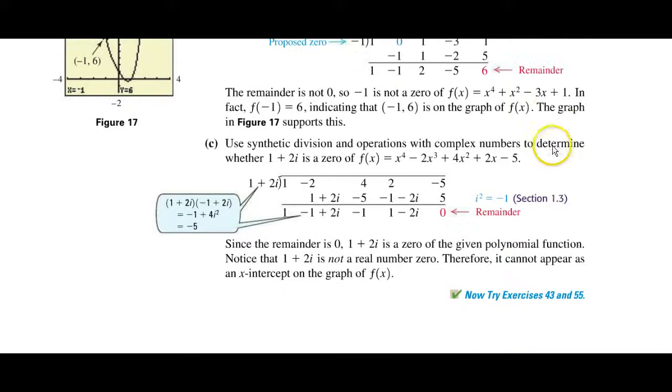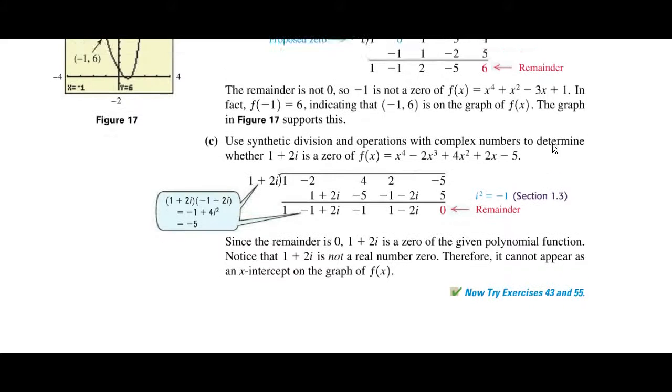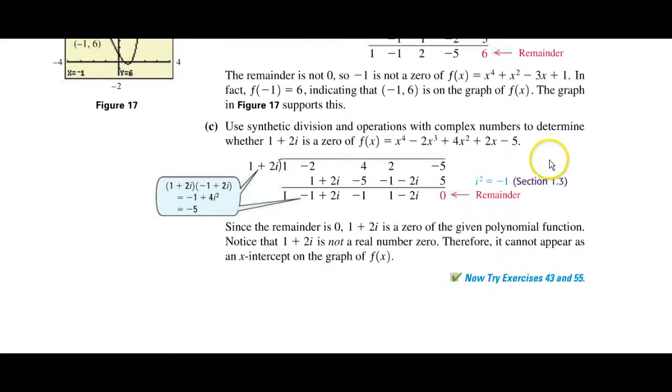Okay, now this third one is rather tricky. And in fact, I looked at the author's video of this to see how it was done. This is a rather unique use of synthetic division, where this was the original. We kind of spread it out here a little bit because we have to put some i values in.